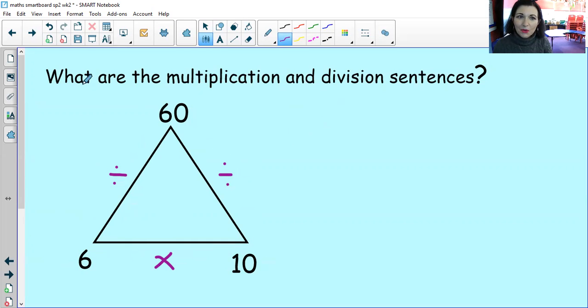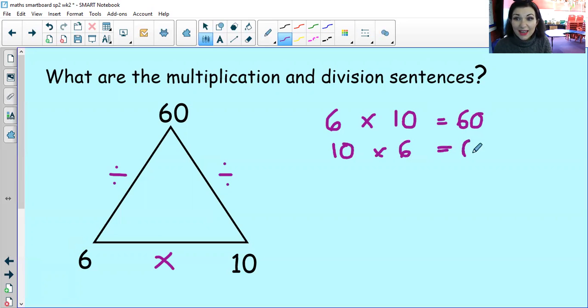Now, if we multiply these two numbers together, we get our 60. And on this side and on this side, if I divide 60 divided by 6, my answer is 10. And if I say 60 divided by 10, my answer is 6. Okay, so all the multiplication and division sentences. So I can say 6 multiplied by 10, so 10 groups of 6 is 60. And I can say that 6 groups of 10 is 60. And I can see that by looking at the number.